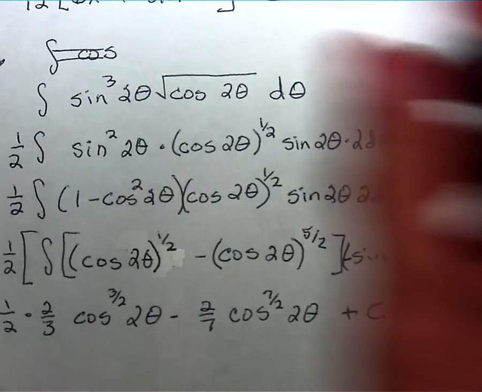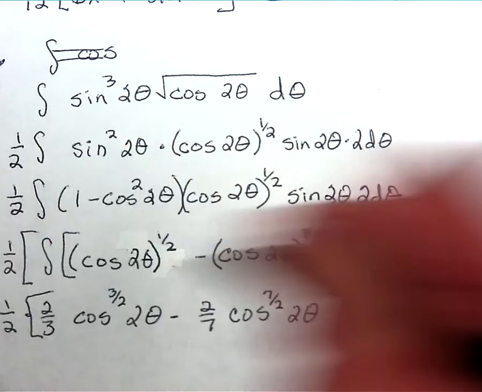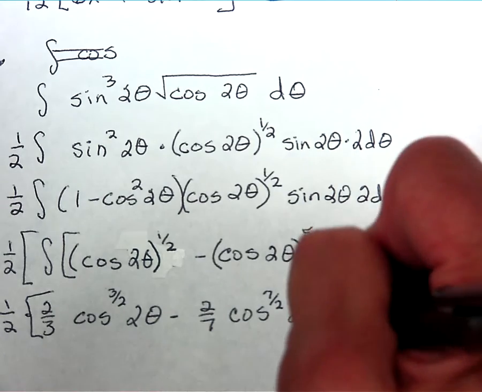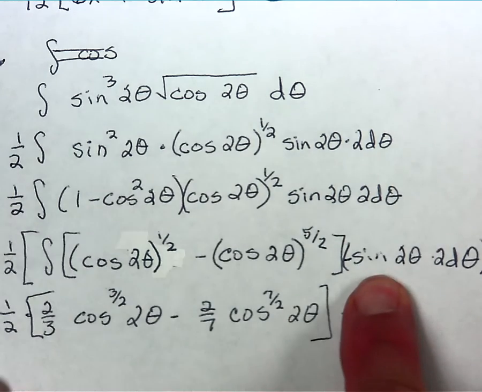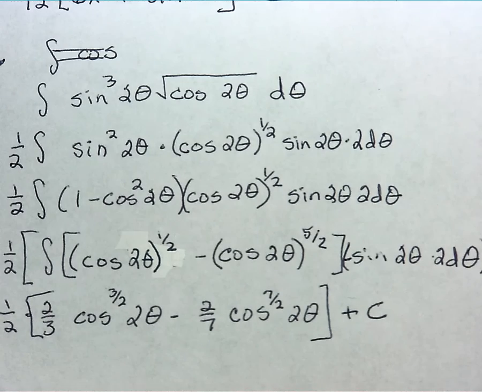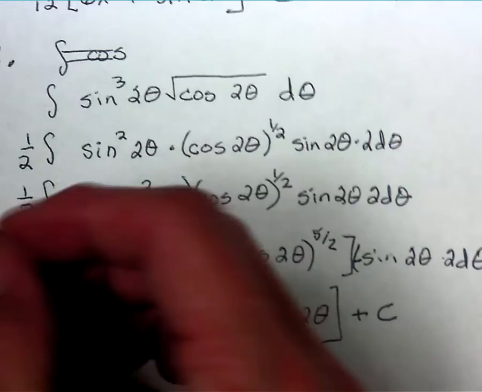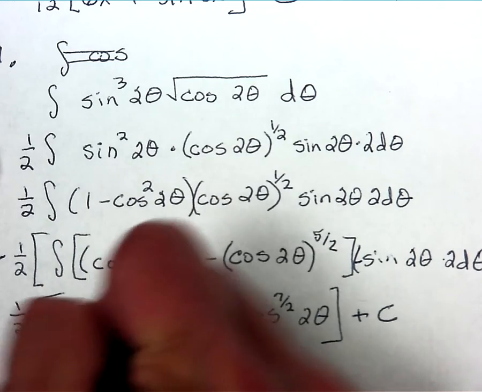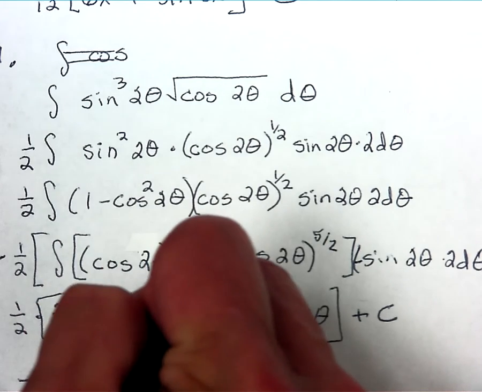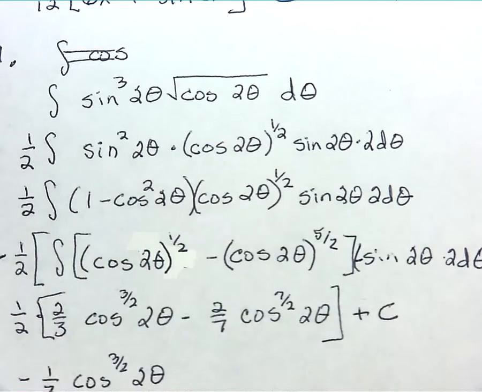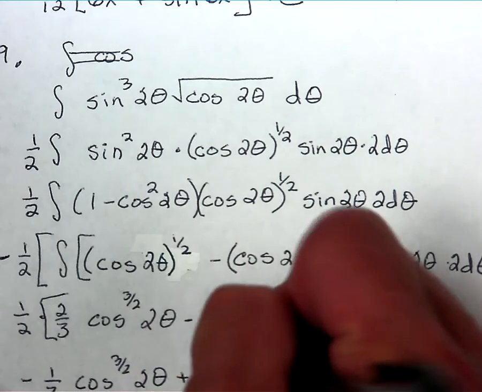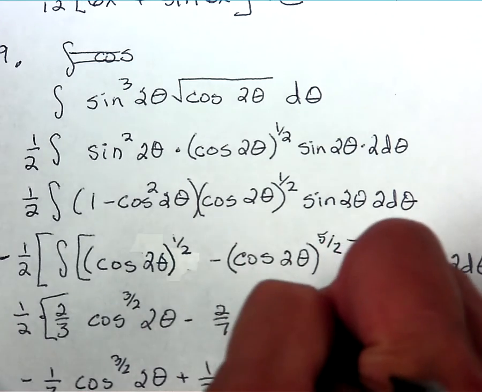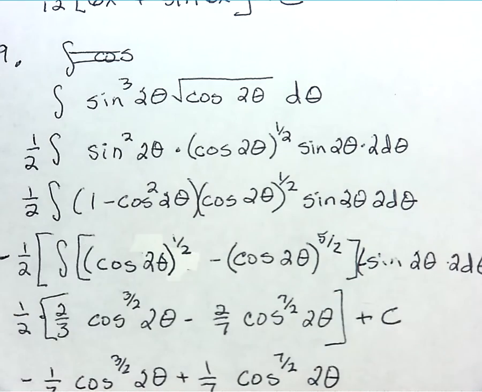And this is in parentheses. So negative sine, -1/2, that, and then if you distribute the -1/2, you have -1/3 cosine 3/2 of 2 theta plus 1/7 cosine 7/2 of 2 theta.